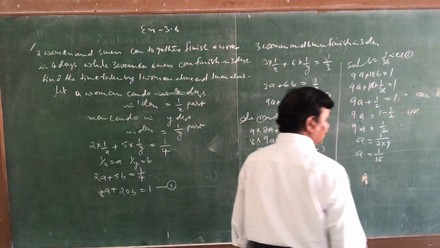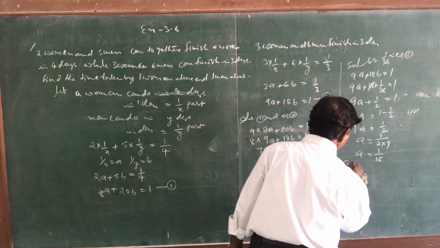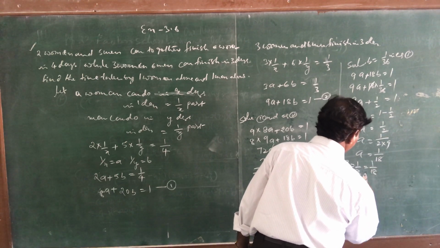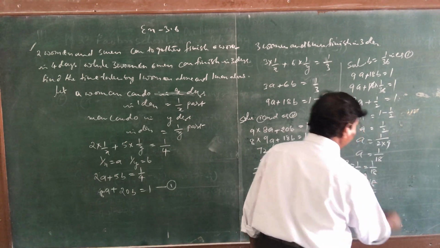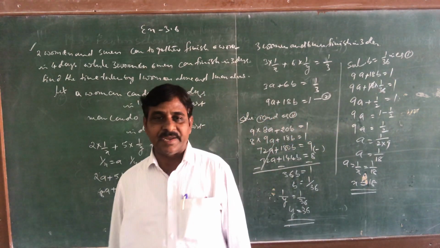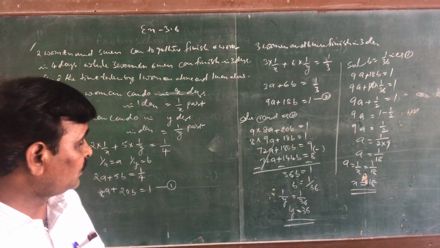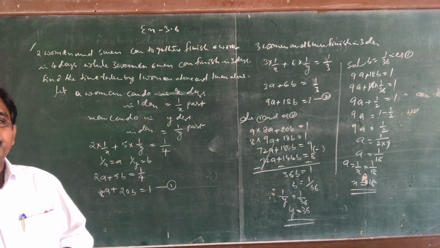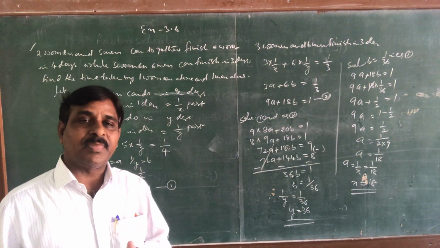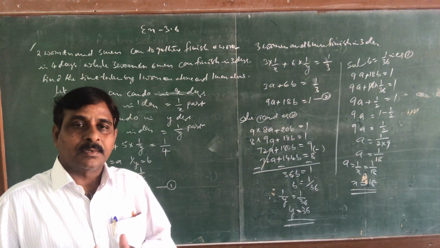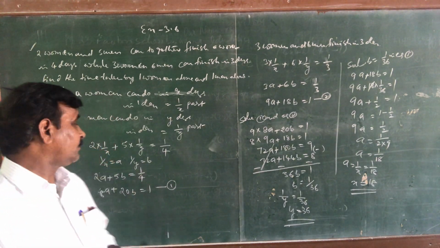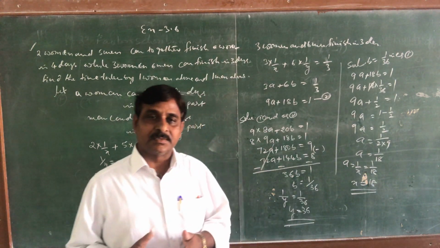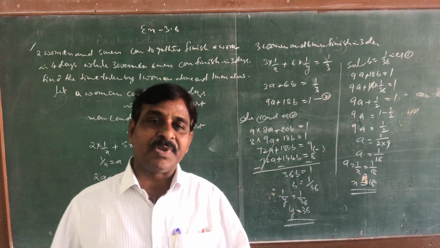A means what here? 1 by X. So 1 by X is equal to 1 by 18, and X is equal to 18. So you got that X is equal to 18 and Y is equal to 36. X we denoted as the number of days taken by a woman to complete the work, and Y as the number of days taken by a man to complete the work.